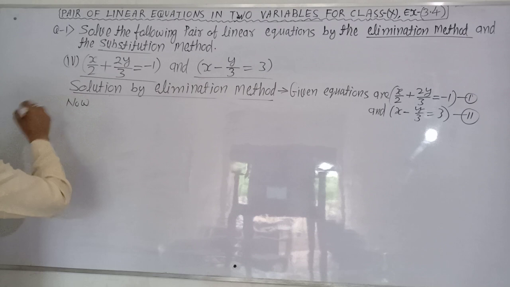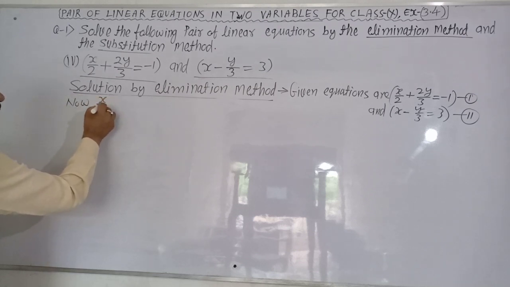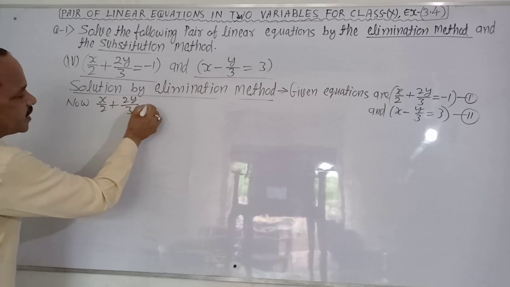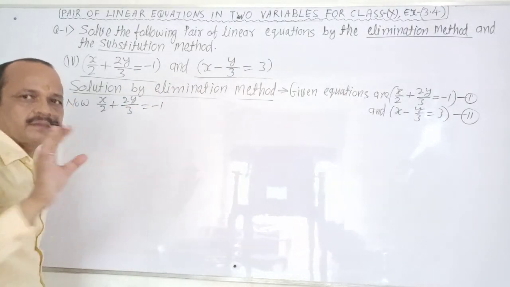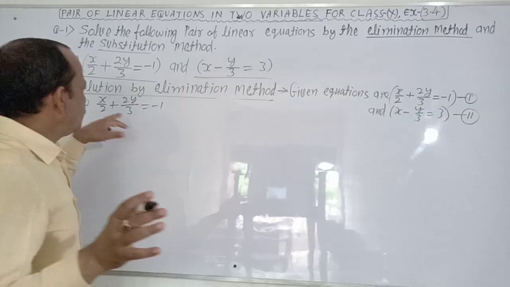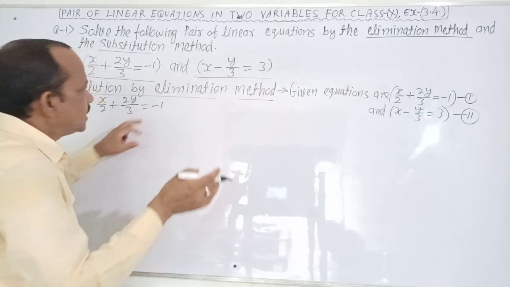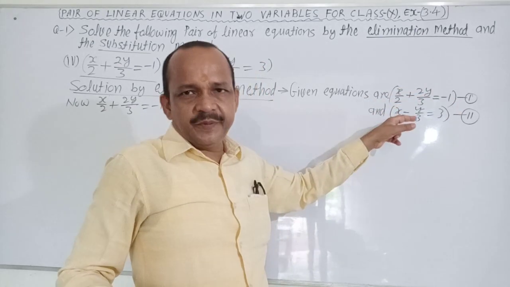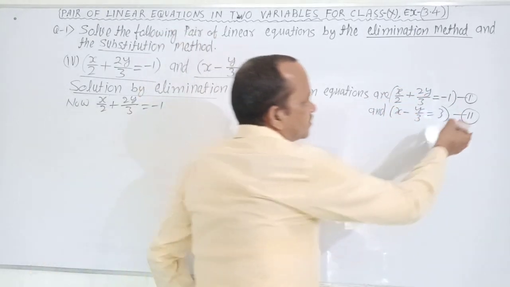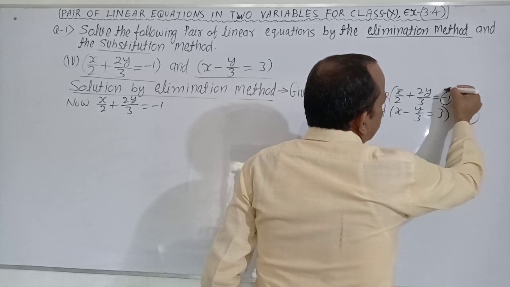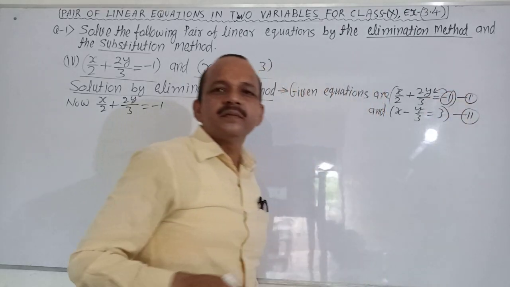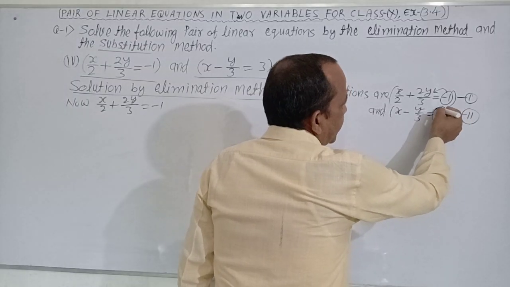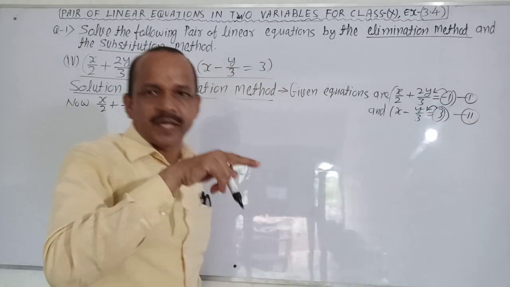Now x by 2 plus 2y by 3 equal to minus 1. You can write the minus 1 on the left side of equal. Here you can write the 3 on the left side of equal.